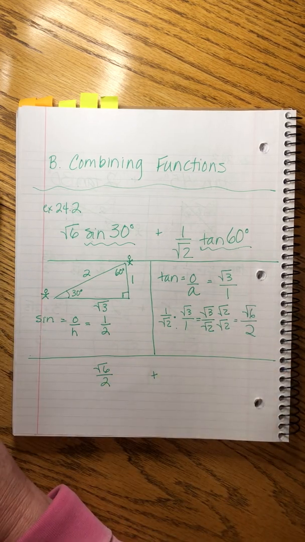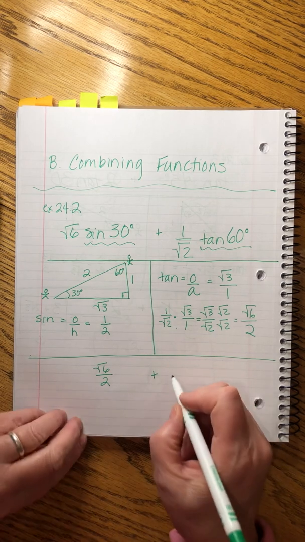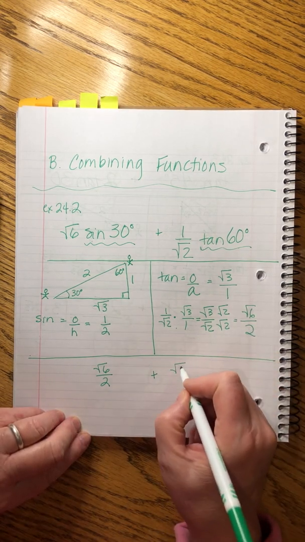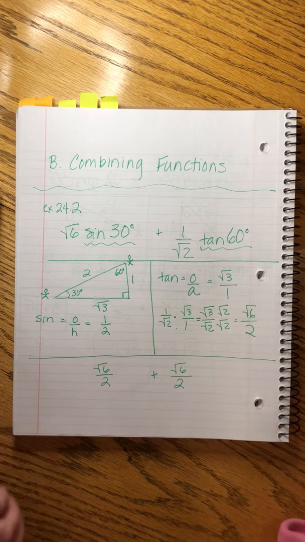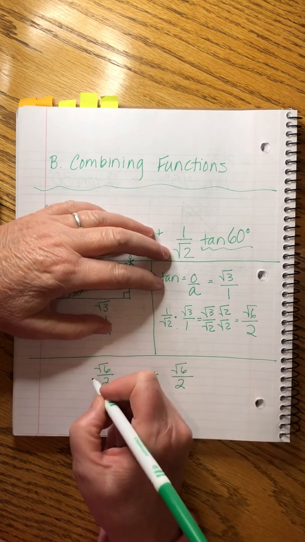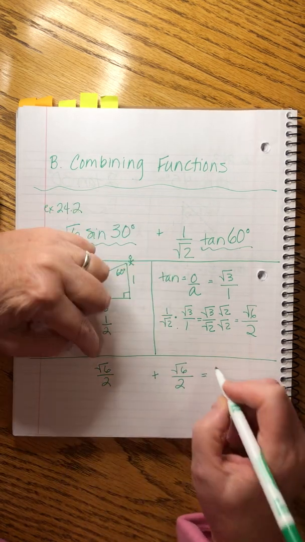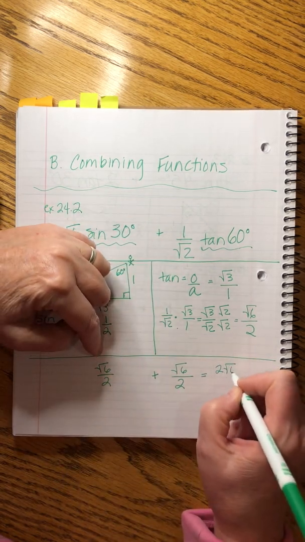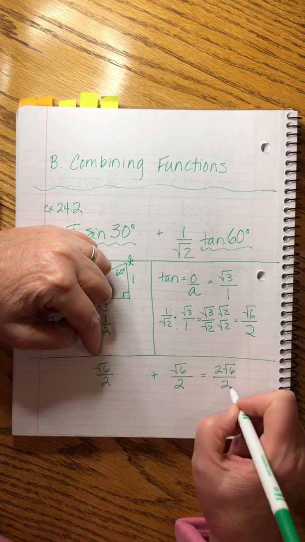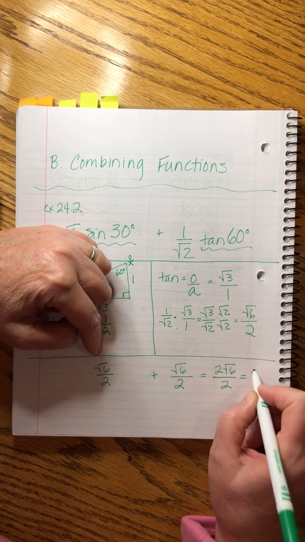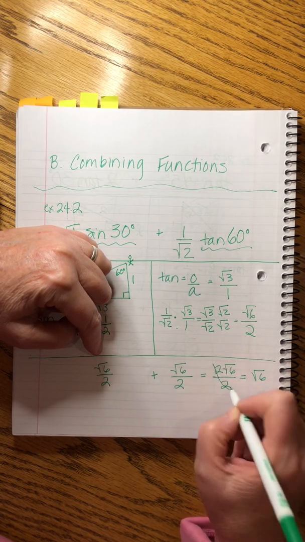Oh, well, isn't that interesting, right? It's the same thing. And now, when we add these together, it's 2 square root of 6's over 2, or just square root of 6, because those cancel.